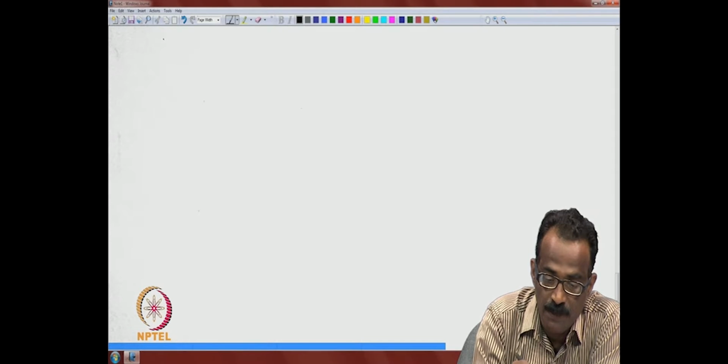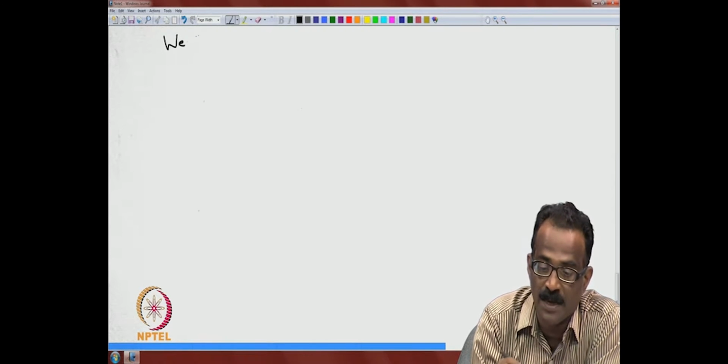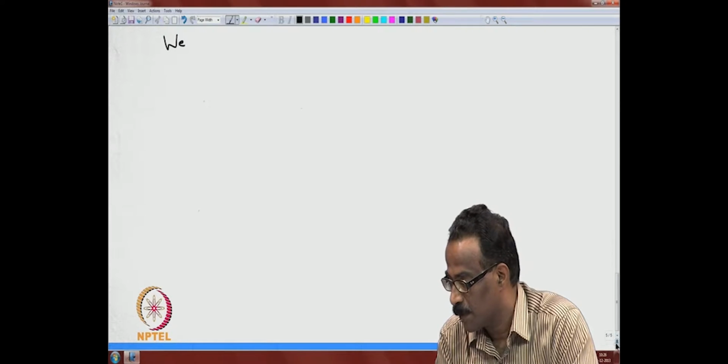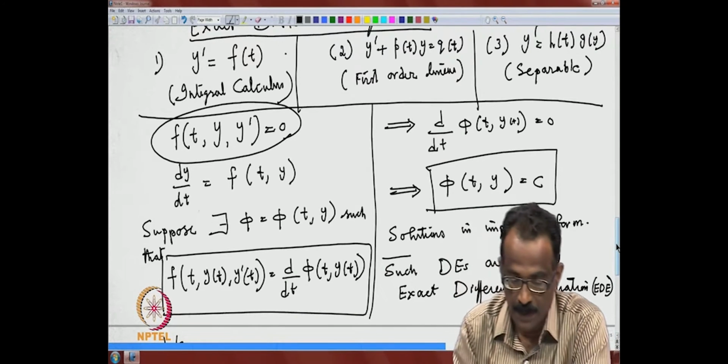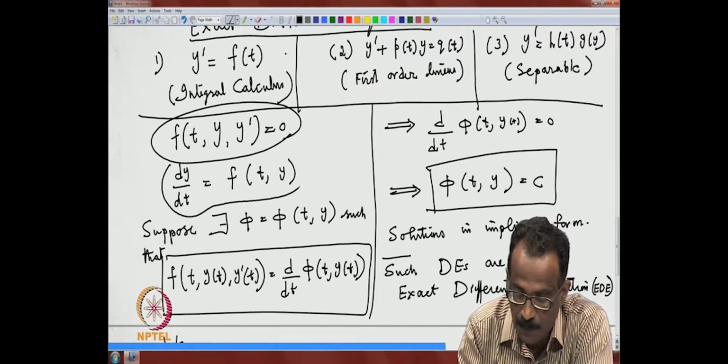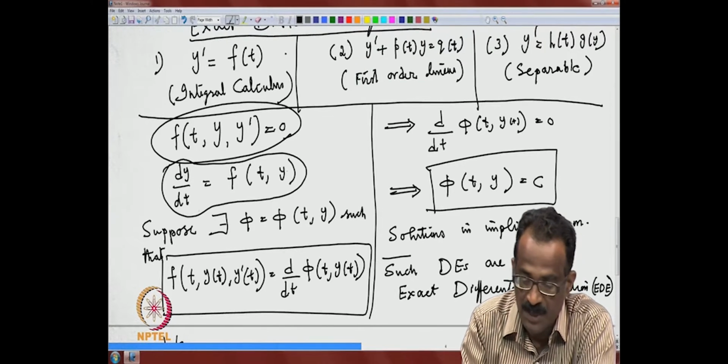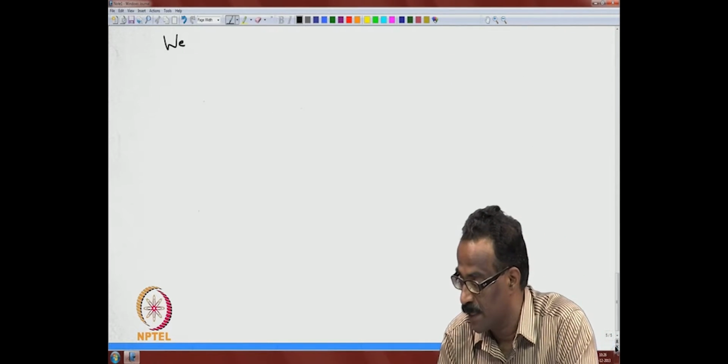We consider a slightly more general equation than the previous one. More general means the multiplying factors are also taken into account.